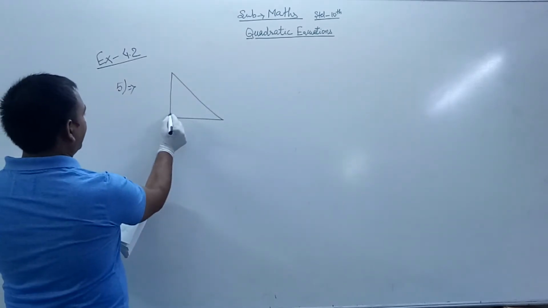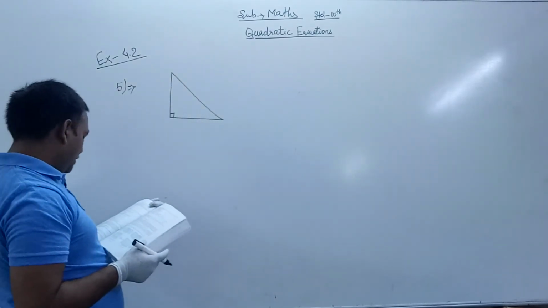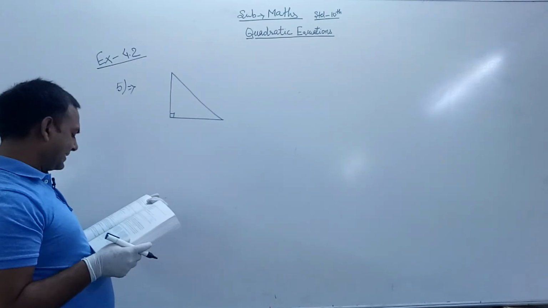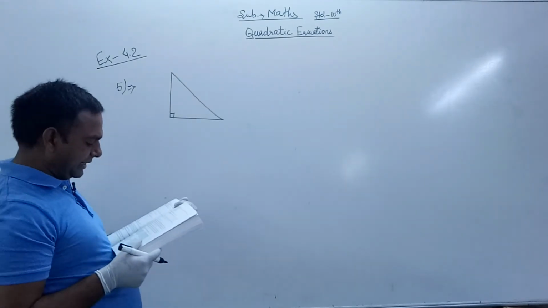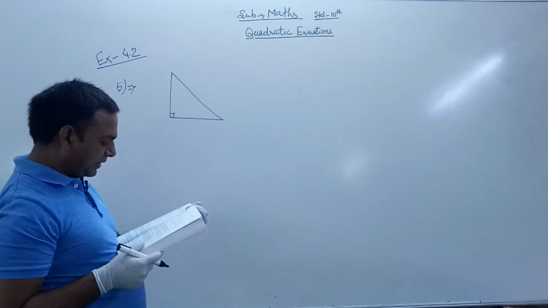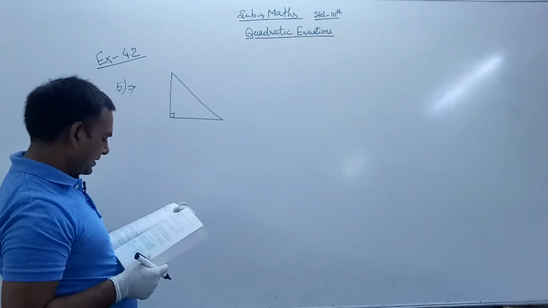The altitude of a right angle triangle is 7 centimeter less than its base, and if the hypotenuse is 13 centimeter, find the other two sides.